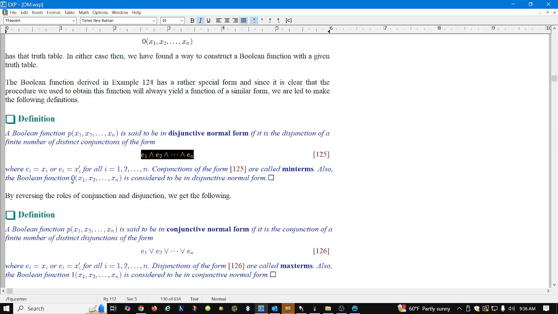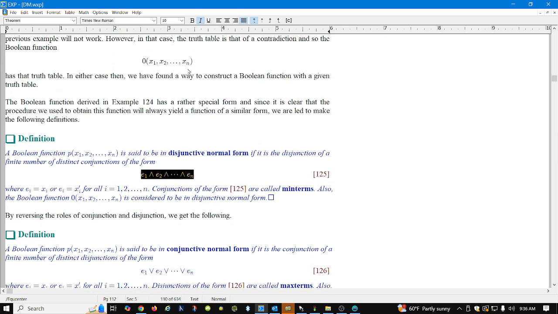And because of this issue with contradictions, I'm going to say that this function is also considered to be in disjunctive normal form. Not everybody does that, and you don't have to. We're going to stick with it, but if I left this out, then I would have to say any Boolean function that's not a contradiction.